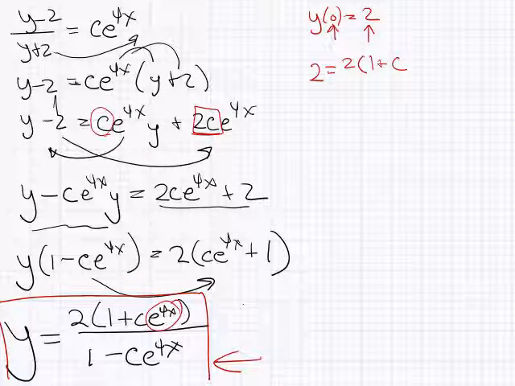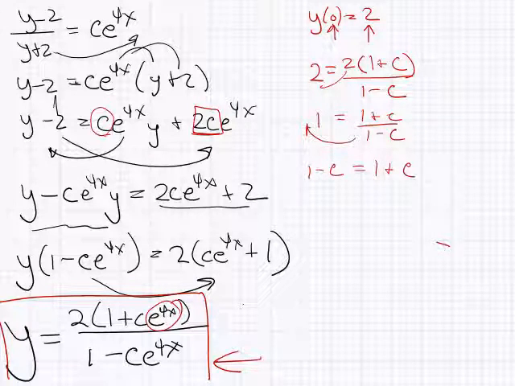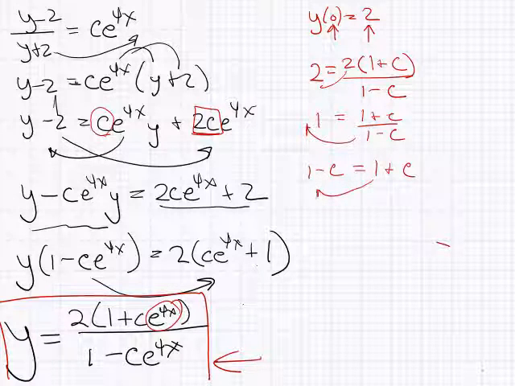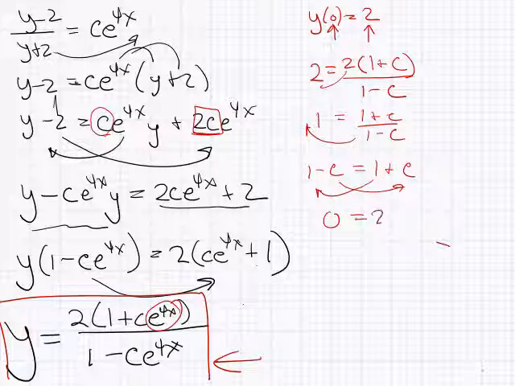E to the 0 is 1, so 1 plus c over 1 minus c. I can divide by the 2 here, so I get 1 equals 1 plus c over 1 minus c. Move this to the other side: 1 minus c equals 1 plus c. Subtract the 1 this way, add the c this way, so I get 0 equals 2c. So c equals 0.